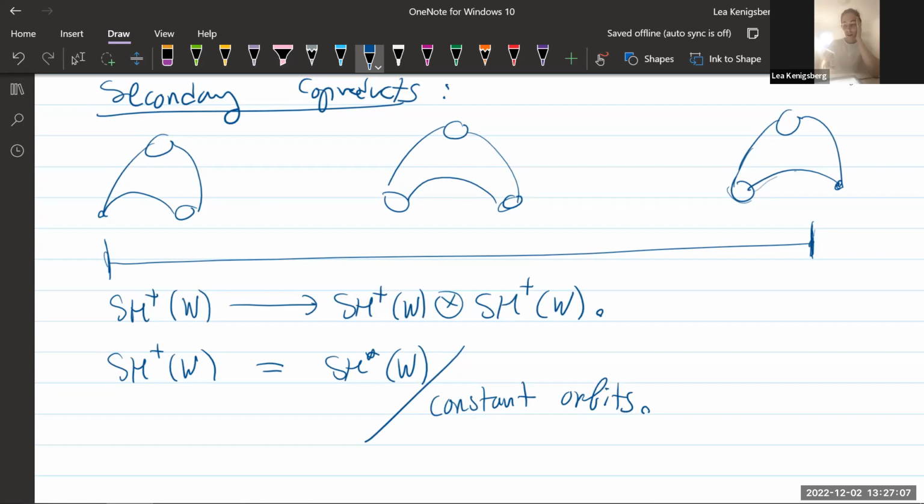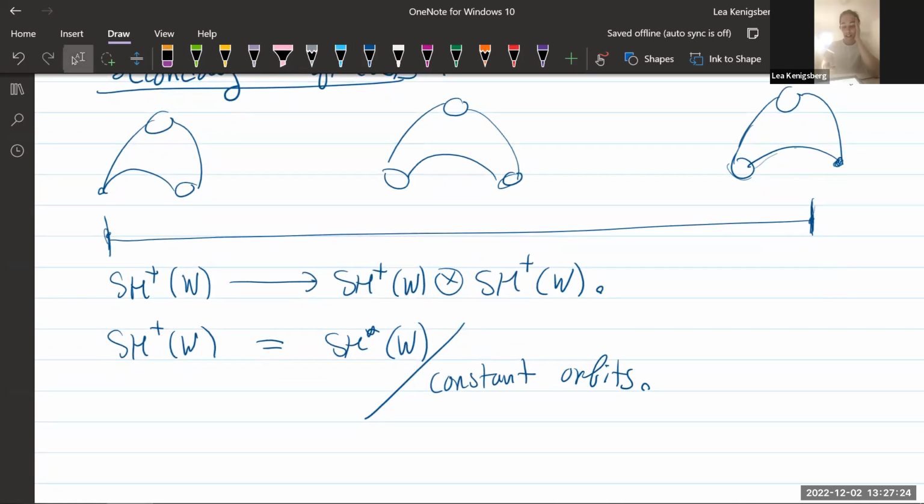As we saw before, these boundary points are going to have outputs in constant orbits. So once you mod out by those orbits, you have a well-defined operation.